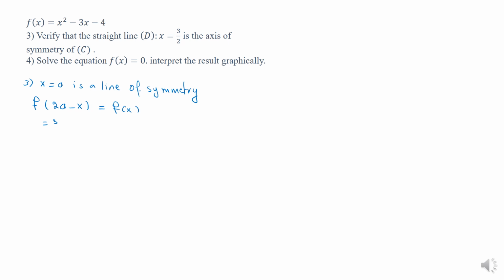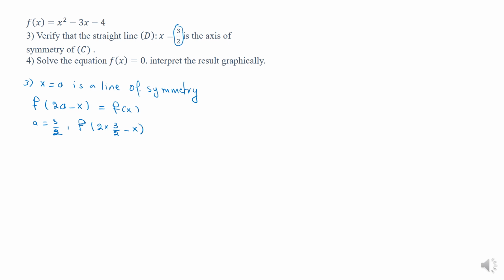So a here is 3 over 2. So let's verify that f of 2 times 3 over 2 minus x equals f of x.